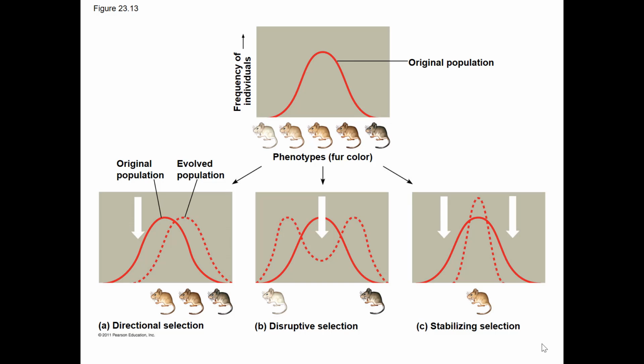A lot of times, like weight in small mammals is a continuous variation, where your smallest individual weighs say 5 grams, your largest individual weighs 7 grams, and any value between there is possible. They could weigh 6 grams, 5.5 grams, 5.2 grams. Any value in between the extremes is possible.